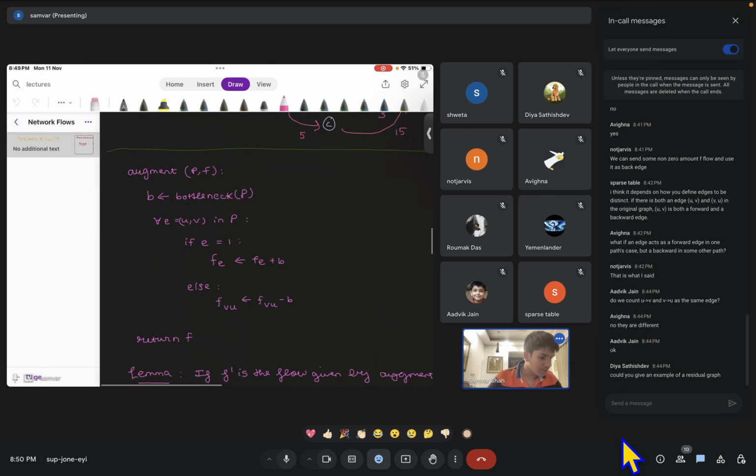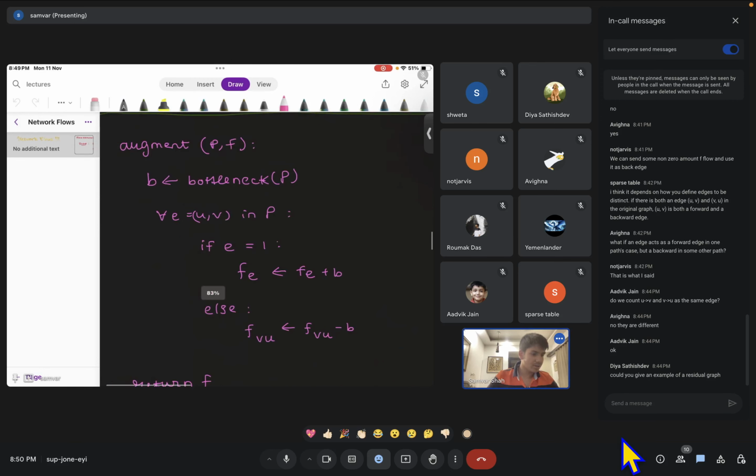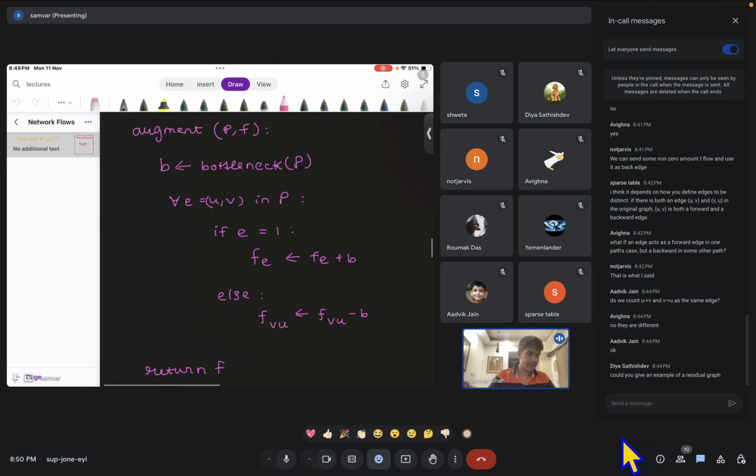So, okay, I have written the entire pseudocode. Just take a look at it, and then you tell me what augment is supposed to do. If you don't get it, it's completely fine. I'll explain it.